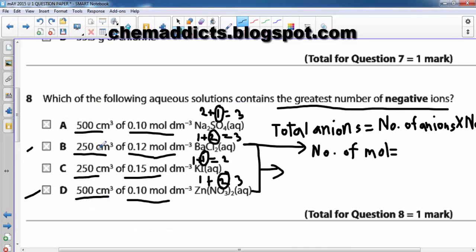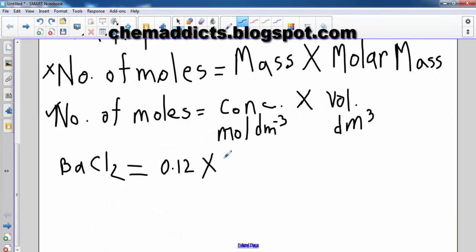Since the volume is in cm cube, we need to convert this into dm cube. In order to convert this, we need to multiply this by 10 to the power minus 3, or divide 250 by 1000. The answer will come the same.